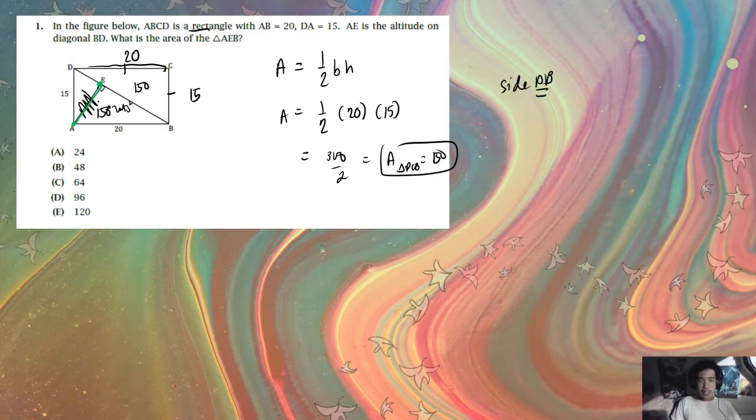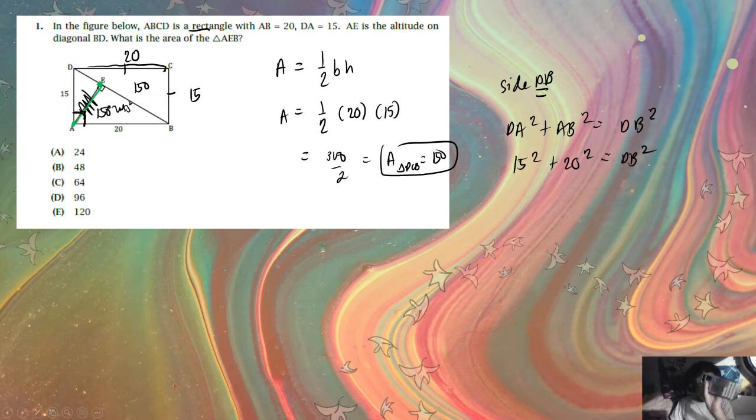As you can see, this is a rectangle, so all of its angles must be right angles, and therefore we have a right triangle. So DA squared plus AB squared is equal to DB squared, which gives us 15 squared plus 20 squared is equal to DB squared.